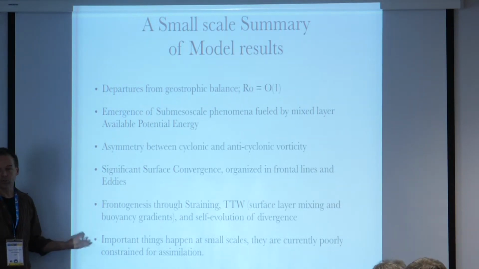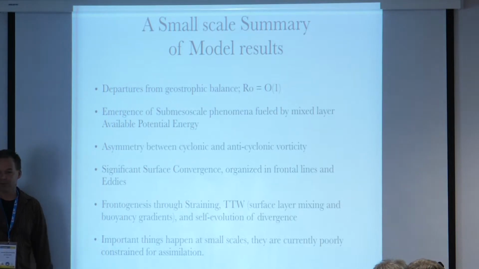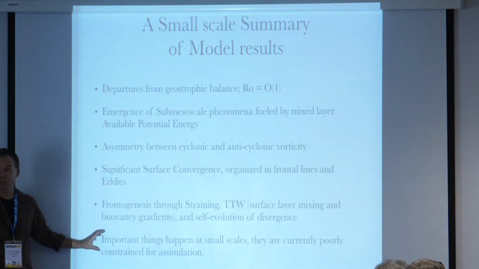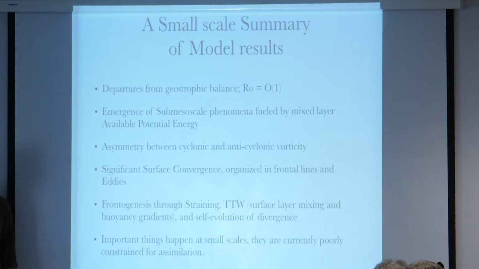The older paradigm really was that we have geostrophy in the ocean, and we have waves, and they mostly peacefully coexist, and there's some interaction, but the focus was on that geostrophic field, and then we parameterized the effect of waves. And we learn more and more that there's important dynamics happening at these submesoscales.